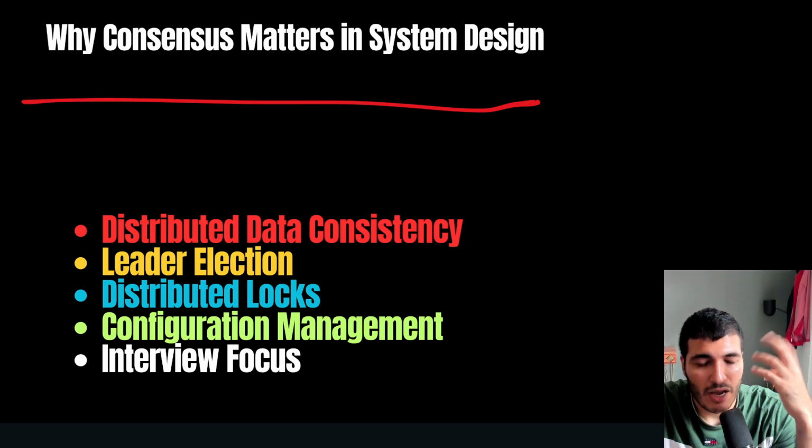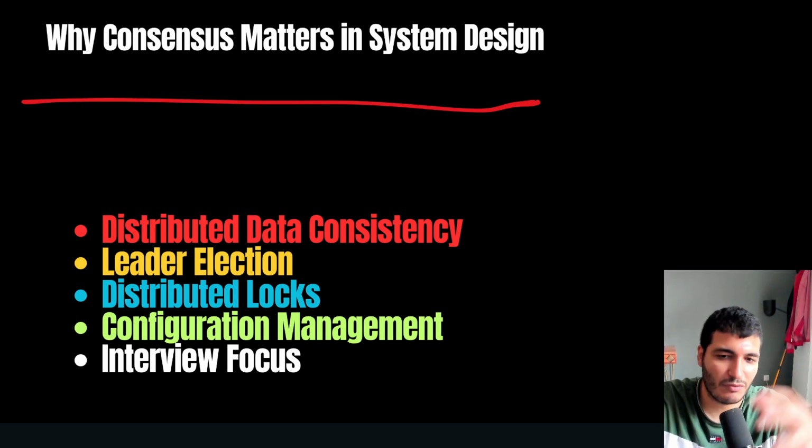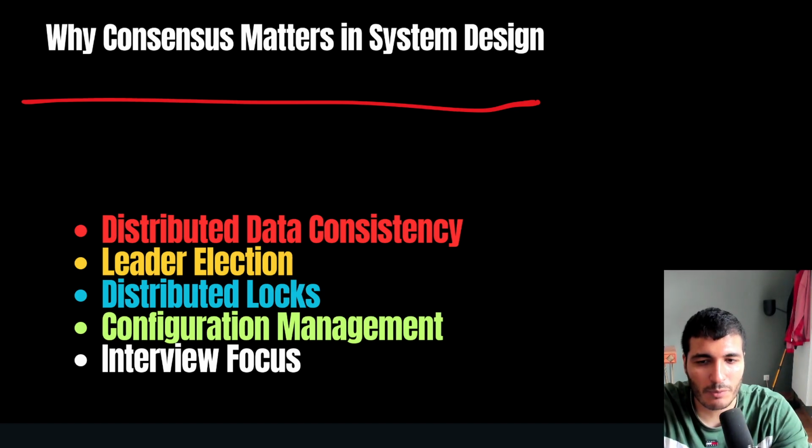Number 5, interview focus. Bringing up consensus shows a deep appreciation for the complexities of building truly reliable and consistent distributed systems, moving beyond basic replication to strong agreement.